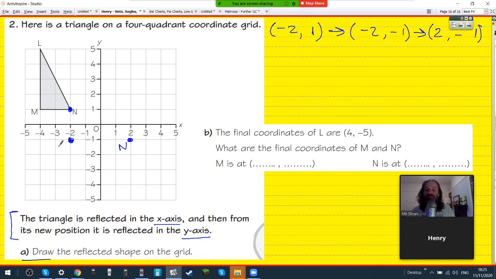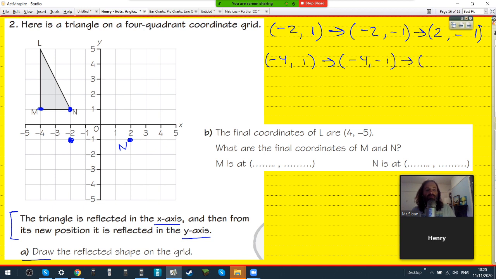Okay, and then for M, it's -4 and -2. For M, is it? M -4 and -2. It starts at -4, 1. Oh yeah, -4 and -1.